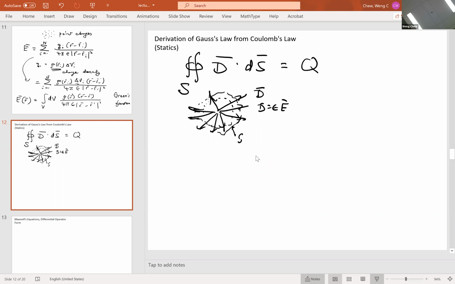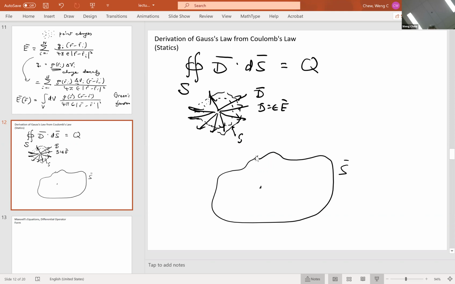So if I have a point charge here, it doesn't matter if I pick a surface S that's very different from a sphere, I'm going to pick out this charge Q if I integrate the flux over the entire surface. If I have a cluster of charges here, you always get the charges that are inside the surface S. Any questions before we move on?